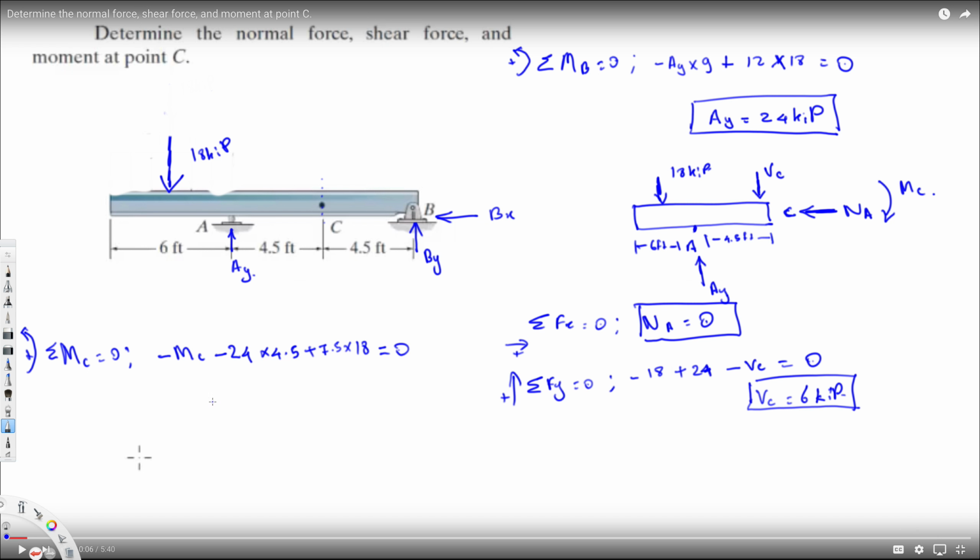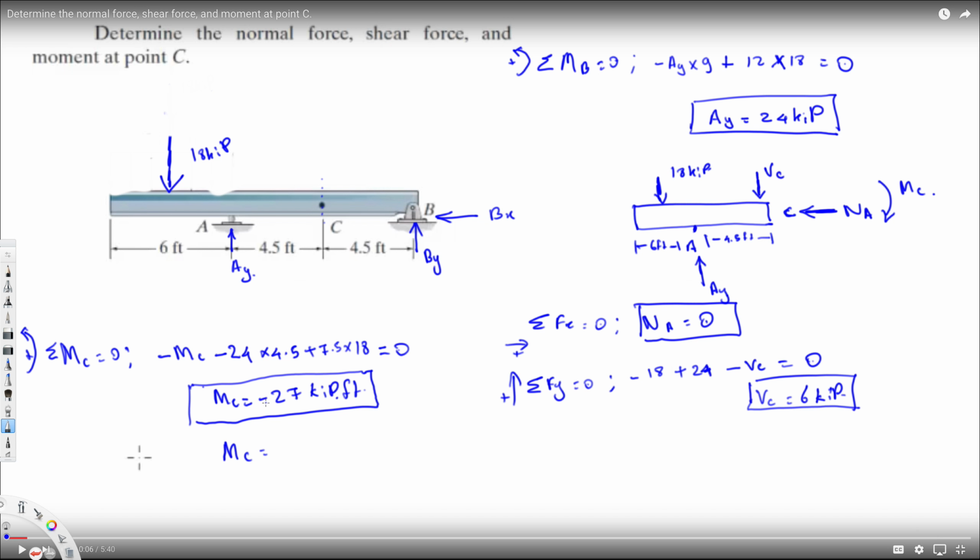If I solve for this one, Mc comes out to be minus 27 kilopound-feet. This means this moment is acting clockwise, and our assumption was wrong, so we can correct it.